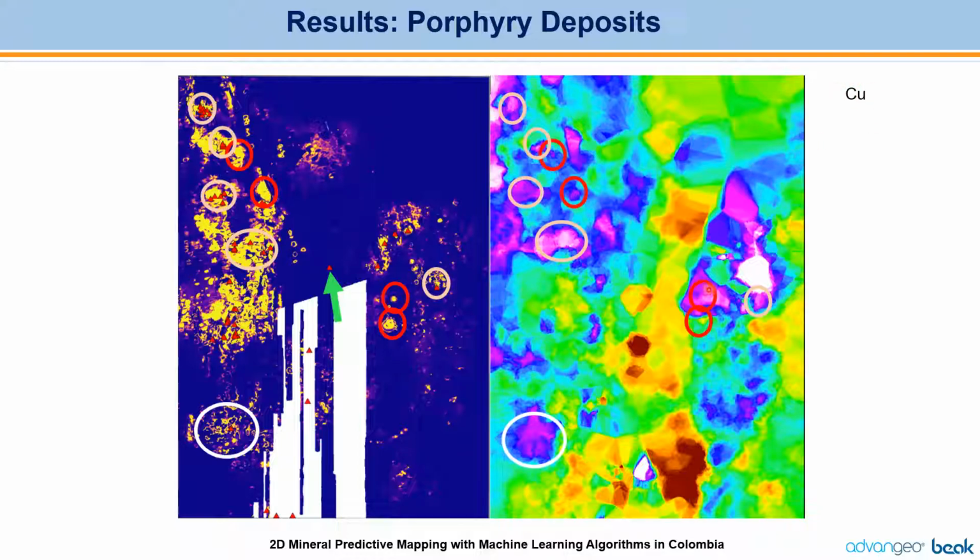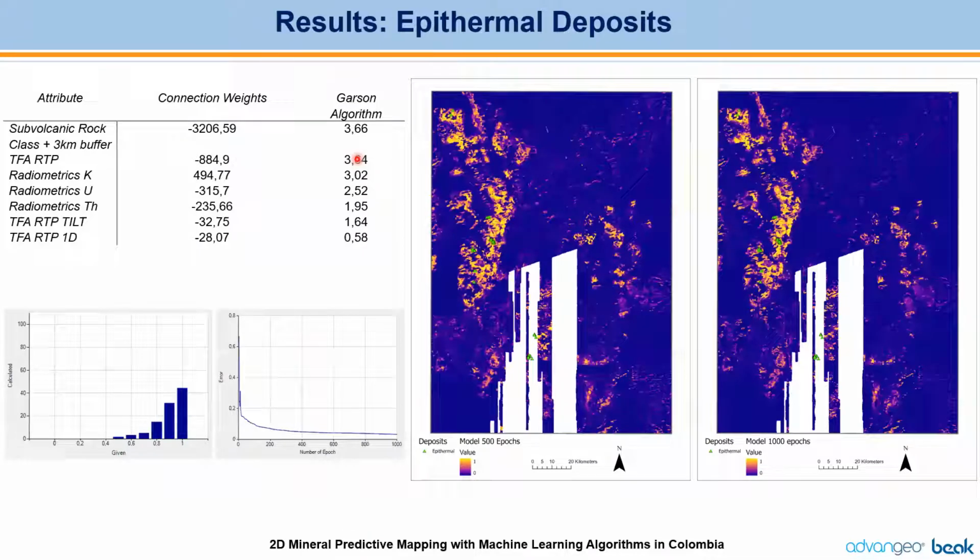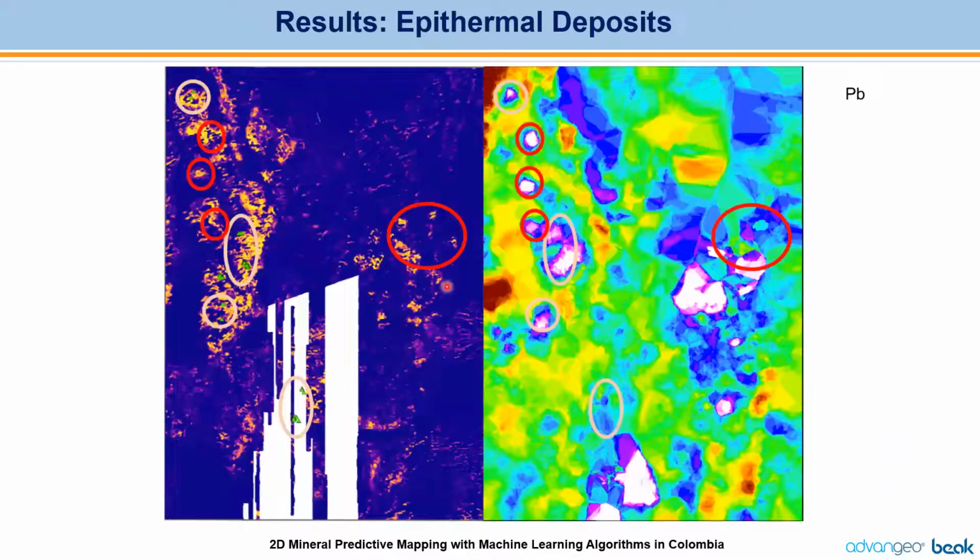And we see that several anomalies are correlated to the areas where we have high favorability for the porphyry deposits. This was the same case for epithermal deposits, the same results. So in this area, we see that the highest favorability coincides with the locations from mineral deposits of epithermal, and the validation was also done, but this time with lead.